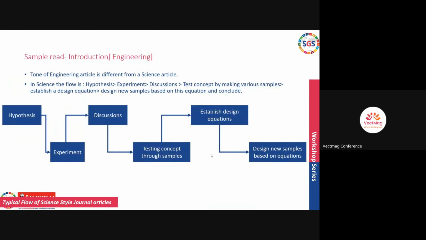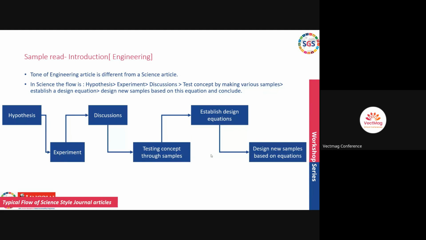Now we have gone through very generic kinds of things. Now let's come to the specific tonal differences between when you approach an engineering article and a science article. So an engineering article is different from a science article. This is a typical flow diagram of a journal article for a science paper. First, you speak about a hypothesis, then you conduct an experiment, then the discussions.